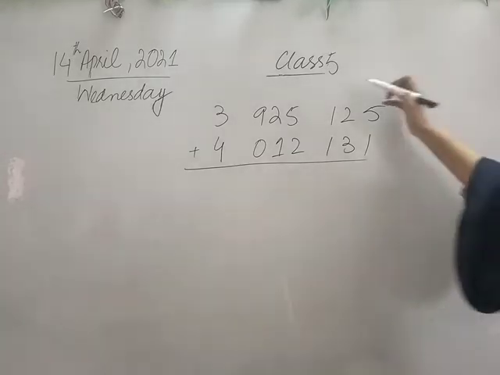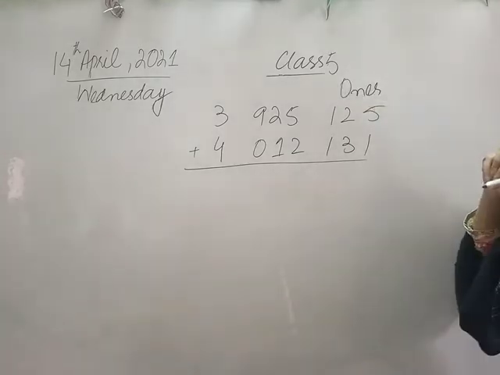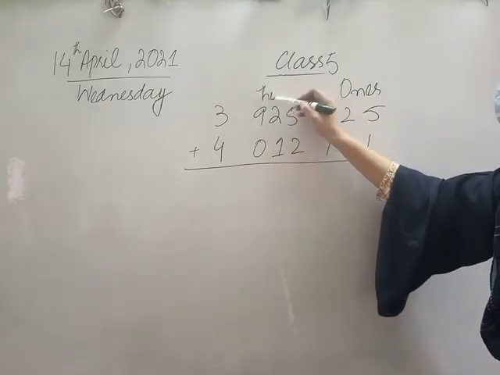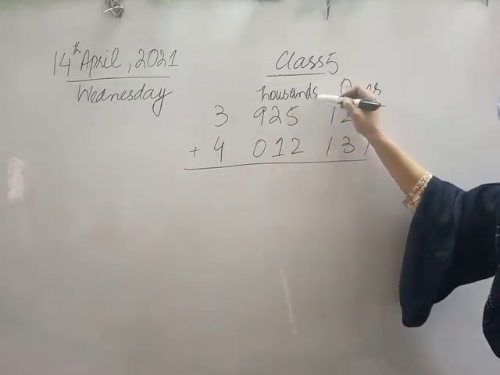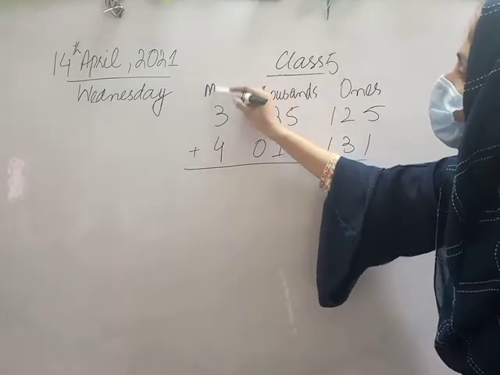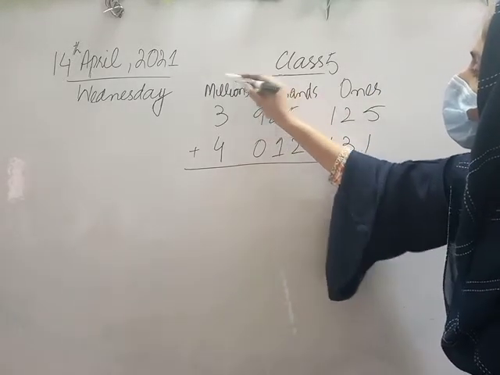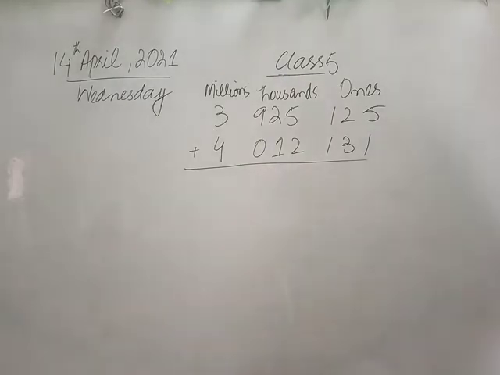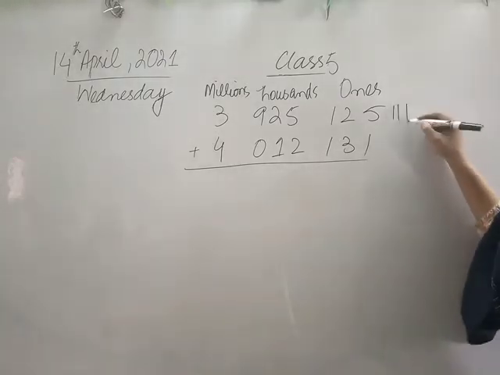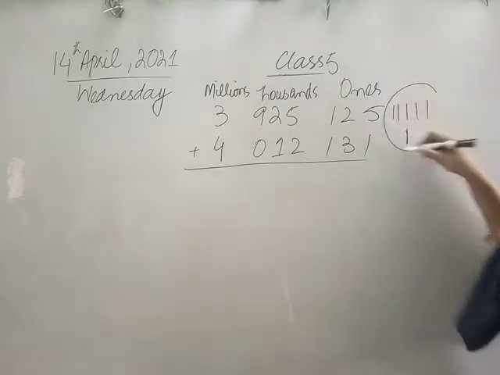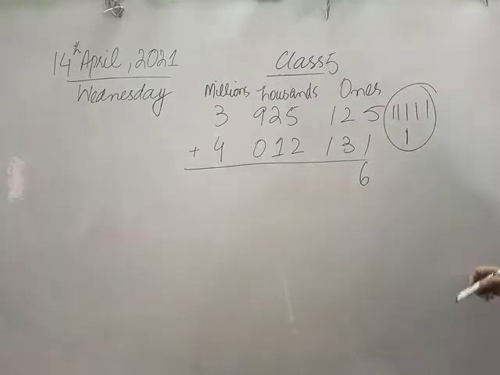Very good. First of all, I will give them their place values, which are ones, thousands and millions. According to the ones column, we have 5 plus 1. 5 for upper, 1, 2, 3, 4, 5 and 1 for lower. So in total we have 6.